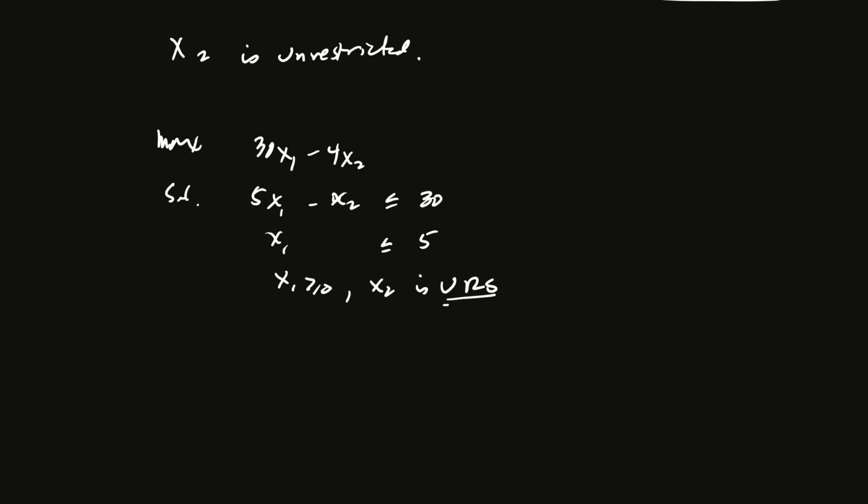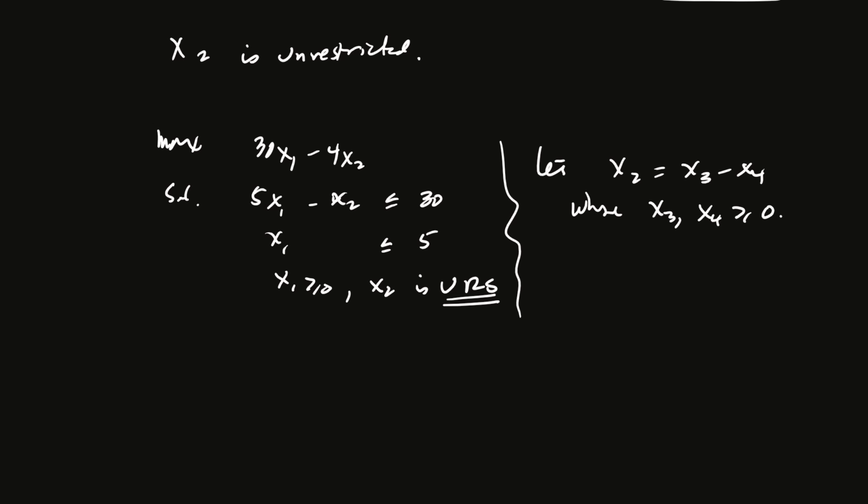URS, by the way, is the unrestricted thing. Then, to get around the unrestricted in sign problem, we will let x2 be equal to x3 minus x4, where x3 and x4 are greater than or equal to 0.